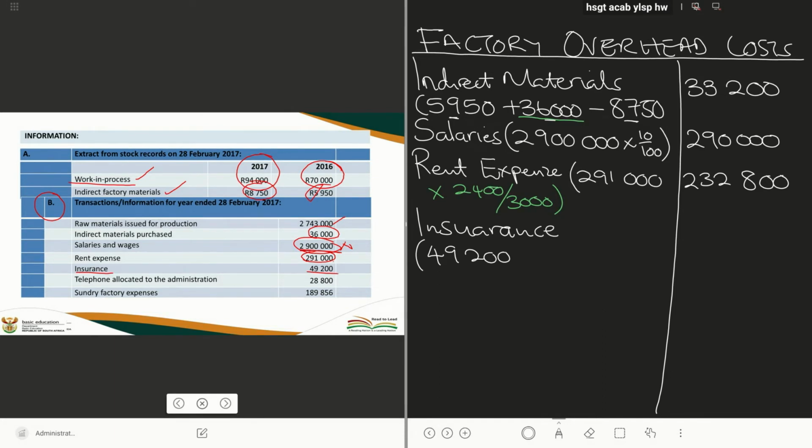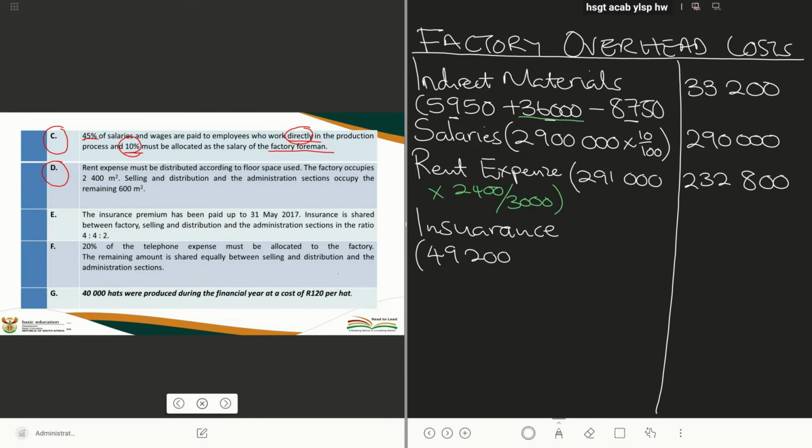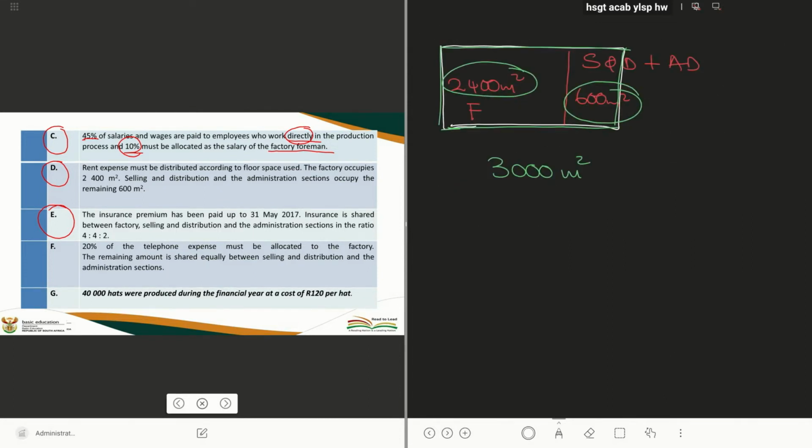But did they say anything further? Here, information E. The insurance premium has been paid up to 31 May. That simply means insurance, boys and girls, has been paid in advance. Remember, our financial period is ending in February. That means it began in March. This is how many months? 12 months. But they're telling us that the insurance premium has been paid until May.